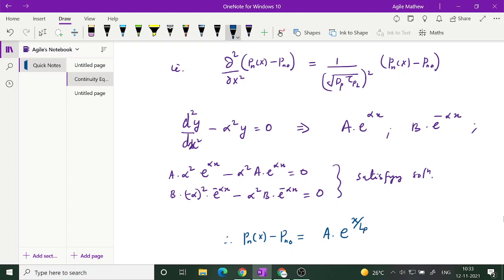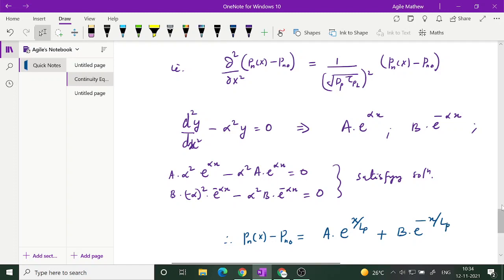Okay, I will come into why I call it LP in a while. Plus the second solution: if there are two solutions for any linear differential equation, the sum of them is also a solution. That's the general solution, plus b e raised to minus x by LP.